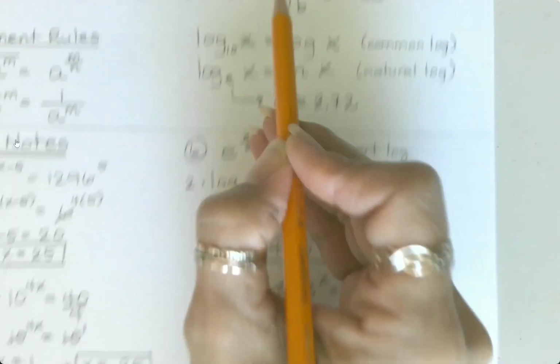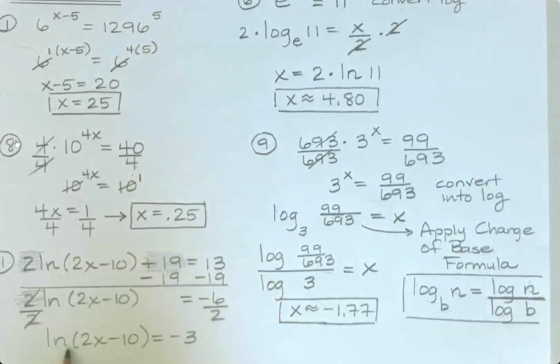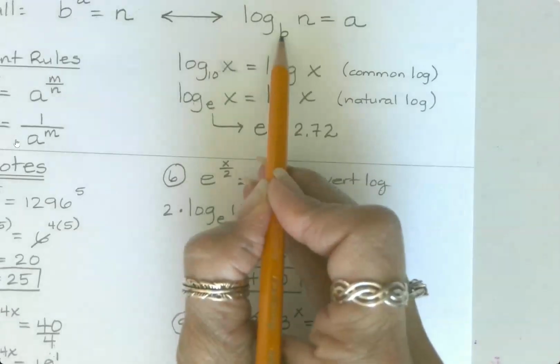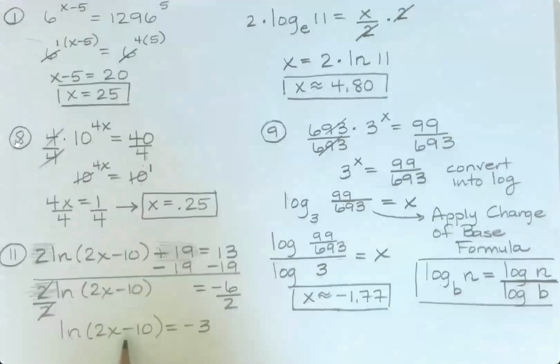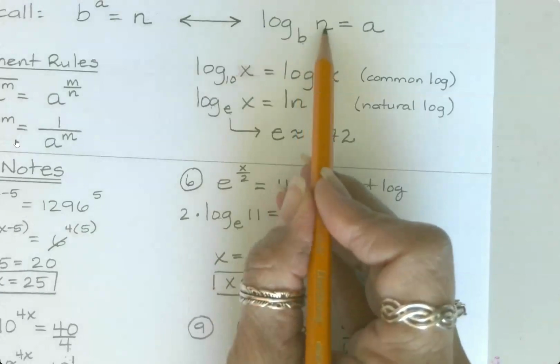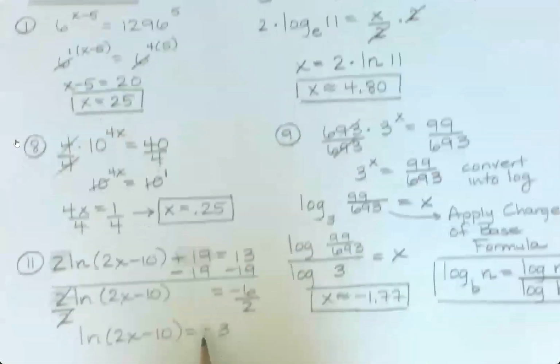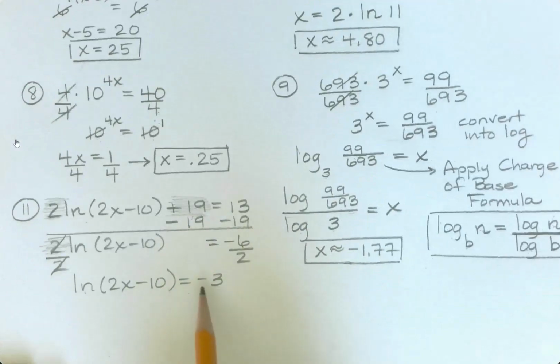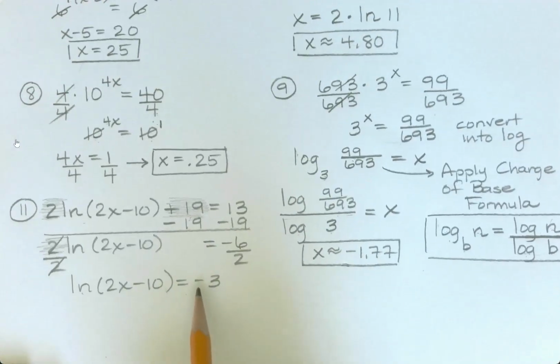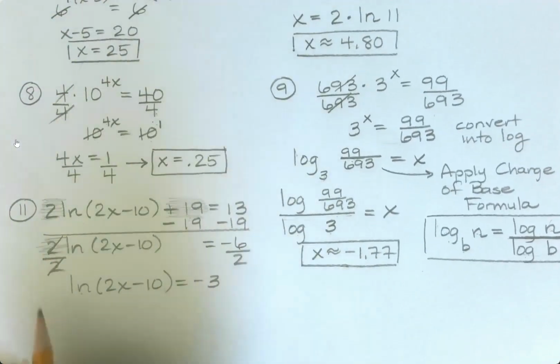The ln, which is the log, the invisible e, which is the b, the 2x minus 10, that's the n, equals the a, our negative 3. So it's ready to convert.